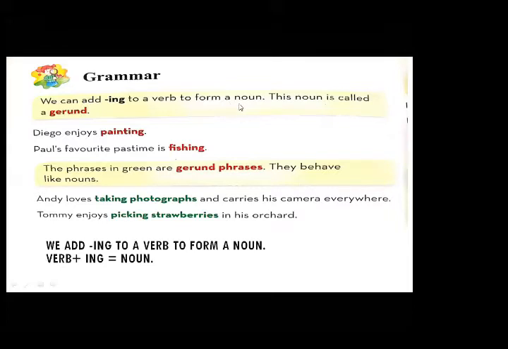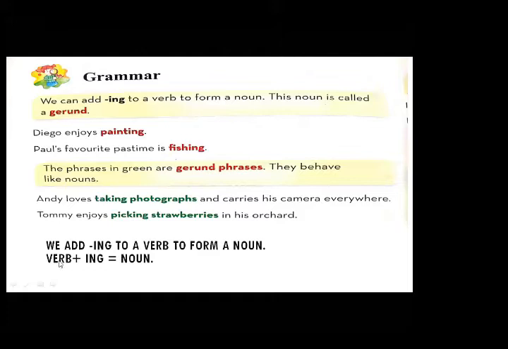You all know very well that a noun is the name of a person, place, animal or a thing. Noun is the name and verb is any action. Verb is defined as an action. So when we add ing with the verb, it becomes a noun.